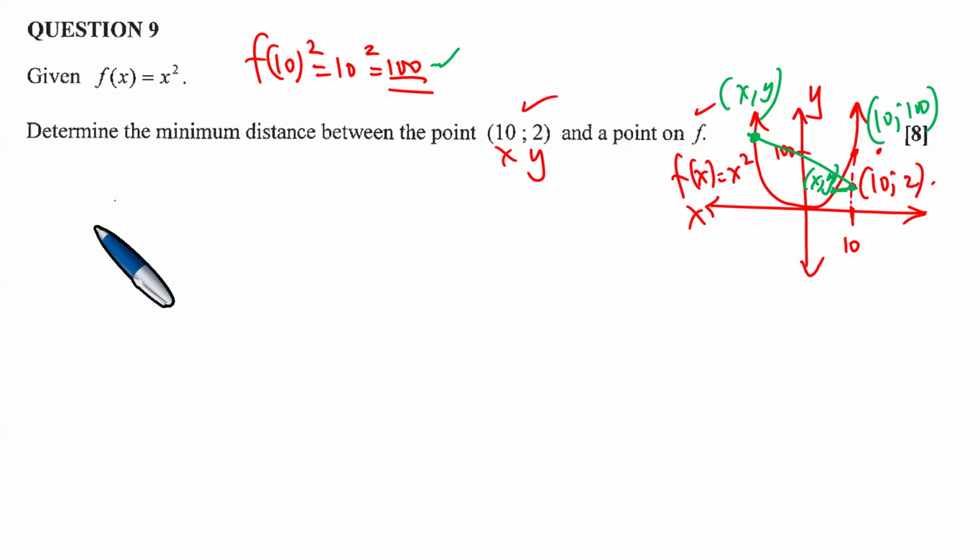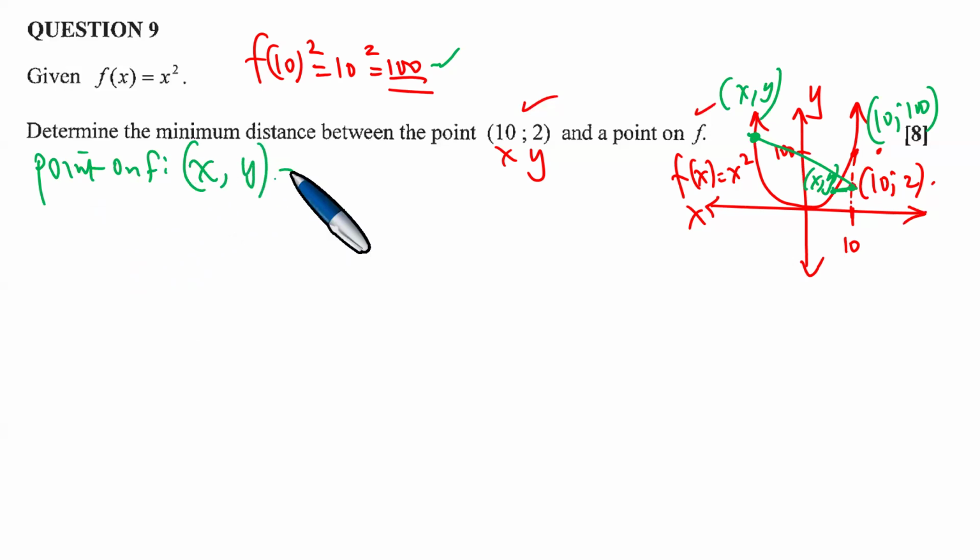Now, at this point, what is the distance? The distance, we've learned it from basics. So there's a point on F. The point on F is formed by x and y, but this function is y equals x squared, so this is going to be x and x squared.